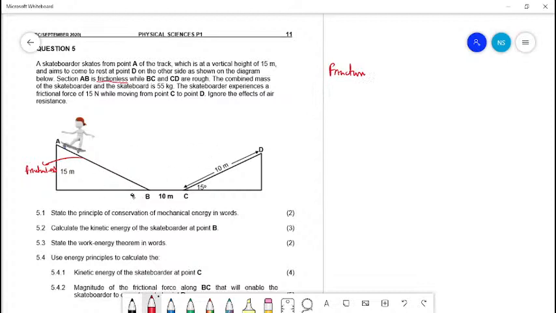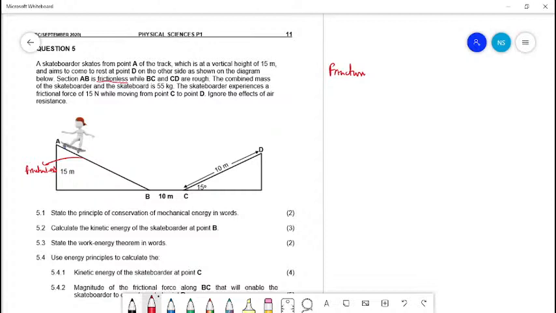It means that there's one non-conservative force subtracted, right? Friction is a non-conservative force. Then again we are told that BC and CD are rough. It means that we have friction in BC and CD. And we're also told to ignore the effects of air resistance.